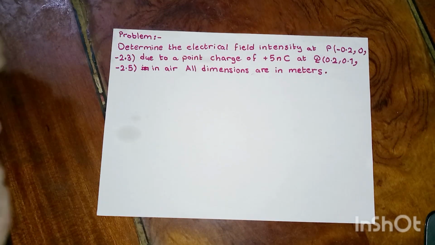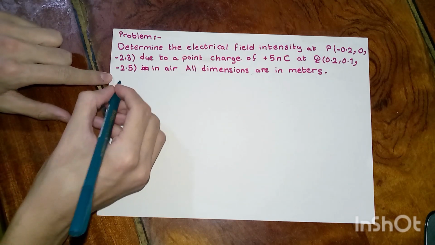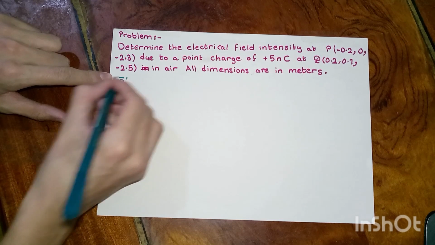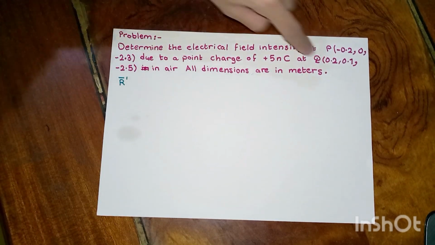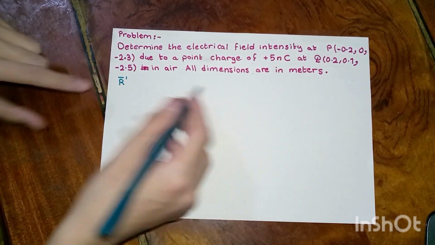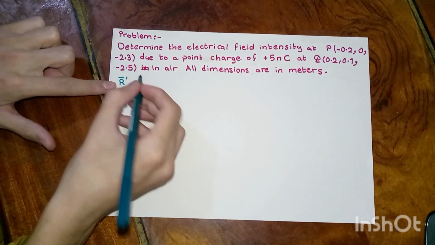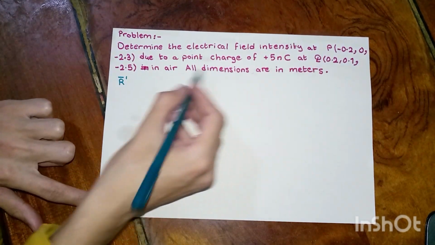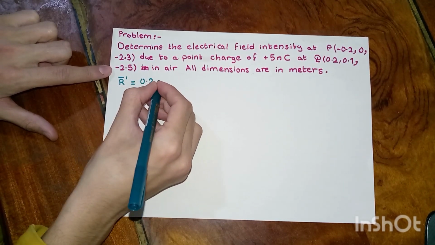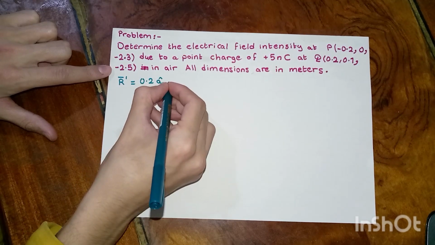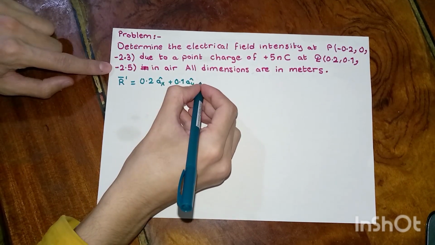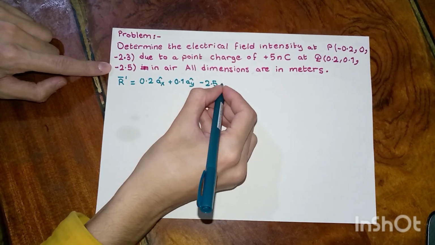As we saw, we want to determine the position of the charge, which is r primed. R prime is the position of the charge, and as all dimensions are in meters, we will consider the Cartesian coordinate system. Let's write this with vector notation. It's 0.2 a sub x plus 0.1 a sub y minus 2.5 a sub z.